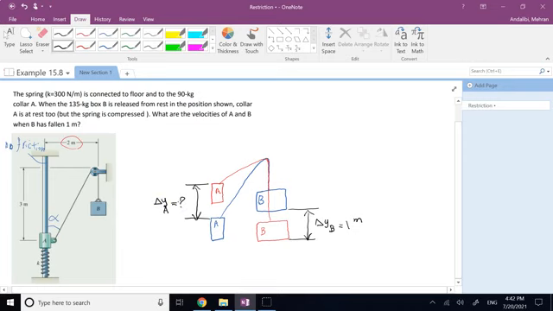And here, we know this distance between the rope of object B and the guide that A moves along, this distance here, is going to stay constant at 2 meters.